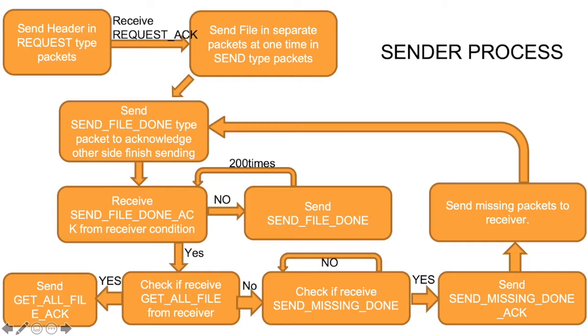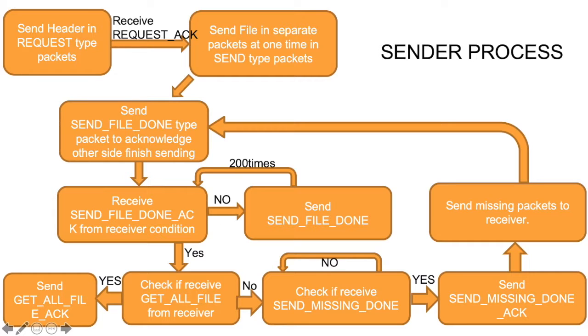And it will wait for the receiver to send back the request acknowledge. After we receive that, we can send the file in separate packets in send tab packets. After we send all the packets, we send the send file done tab packets to let the other side know we have finished sending all the packets.